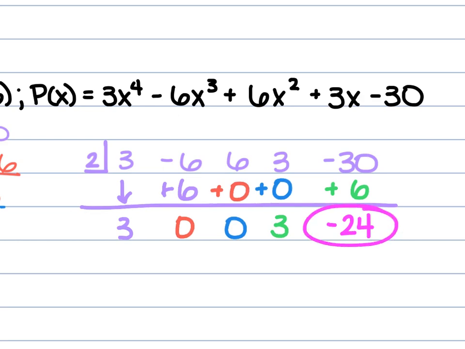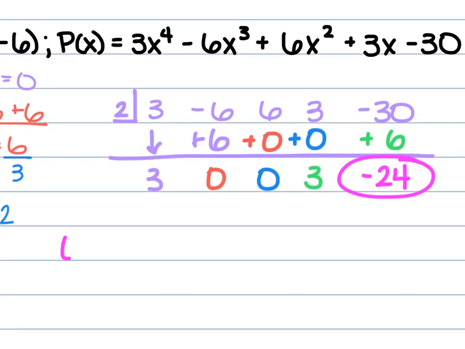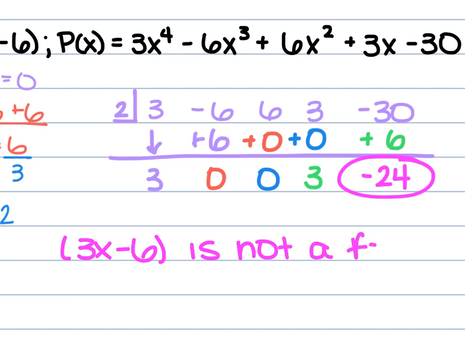So because that remainder is not 0, 3x minus 6 is not a factor.